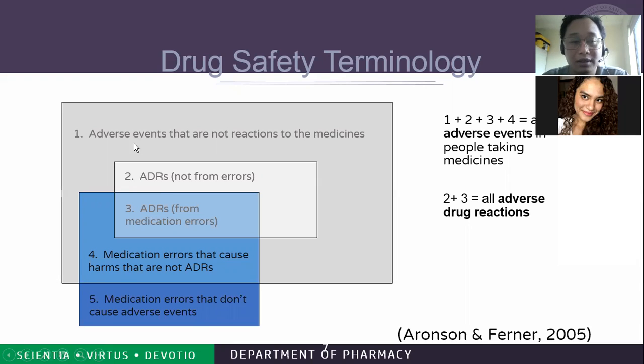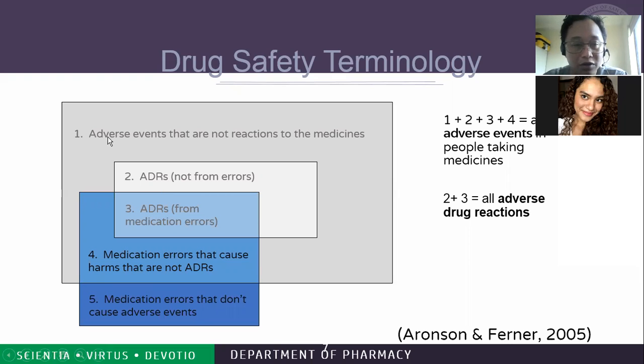There are some methods that can be used to make causality conclusions, to assess whether an adverse event is an adverse reaction.